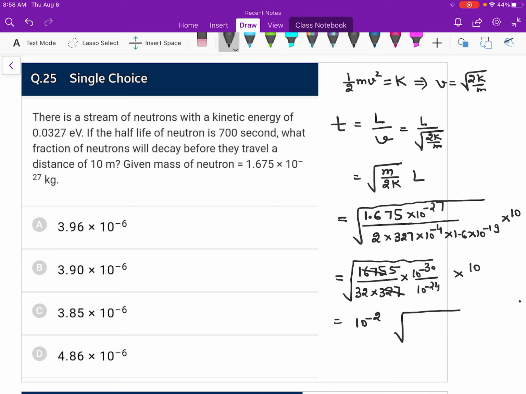Okay, this is roughly 5, so this is 5 by 32, so under root 5 by 32, that is 10 by 5 by 32.